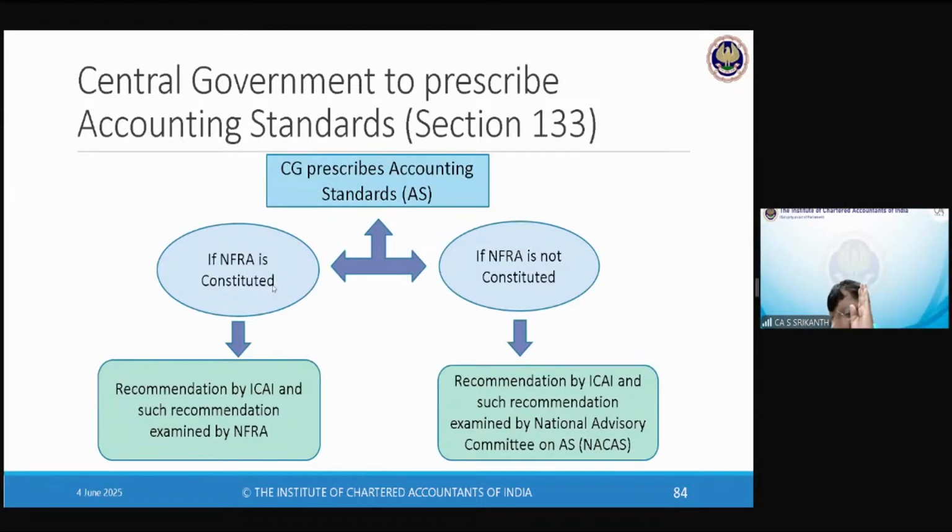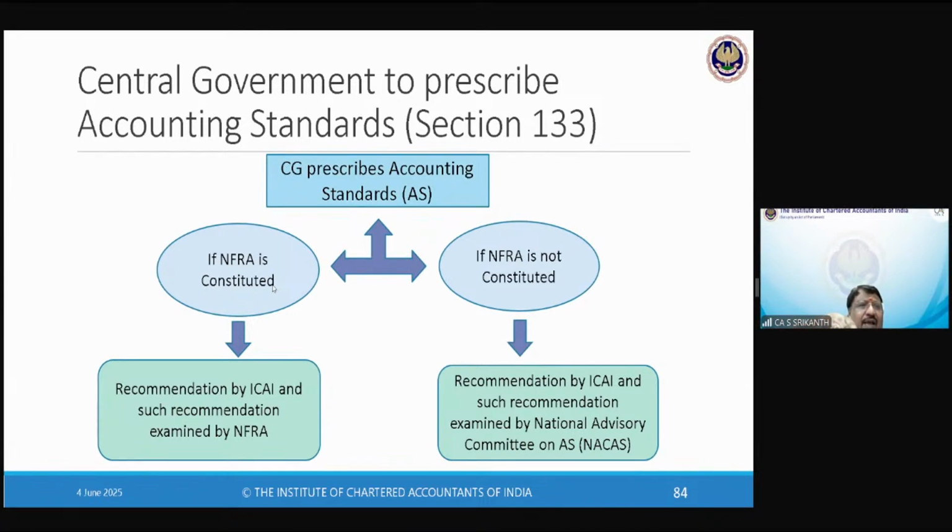Okay, NFRA is a specific body. It is not only for monitoring the accounting profession, the other two professions, and for prescribing accounting standards, prescribing auditing standards, taking disciplinary action. Very specific. Technically, in terms of hierarchy, NFRA will be at par with NCLT, is what I said.